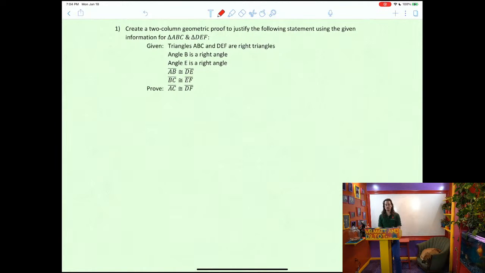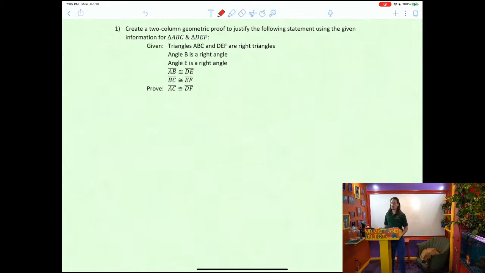And then the same is true for side, side, side. So if we're able to prove that three corresponding sides between two triangles are proportionate to each other, then we know that the triangles are similar. If we know that three pairs of side lengths between two triangles are congruent to each other, then we know overall the triangles are congruent.